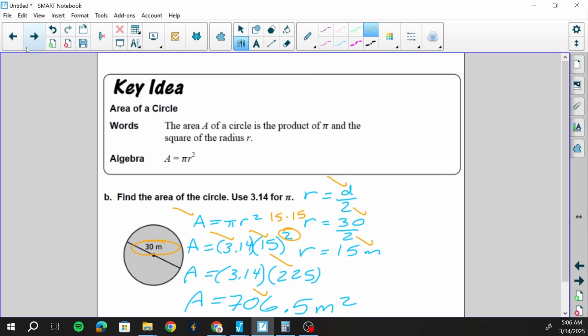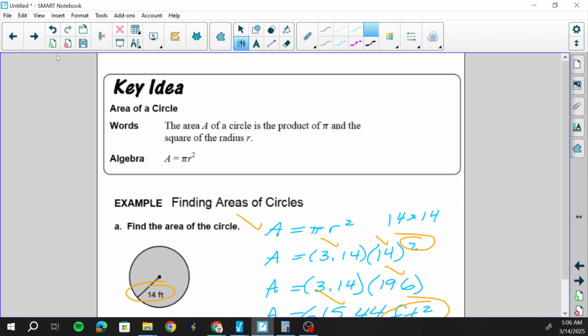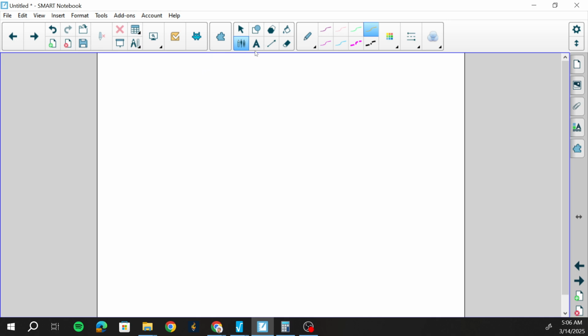So again, we found the area of a circle with a diameter, and we also found the area of a circle given a radius. On the problems that you're doing today, there is one story problem, and it gives you a circumference. And it wants you to take the circumference and travel over to get to the area. You can do this if you stop and look at your formulas.